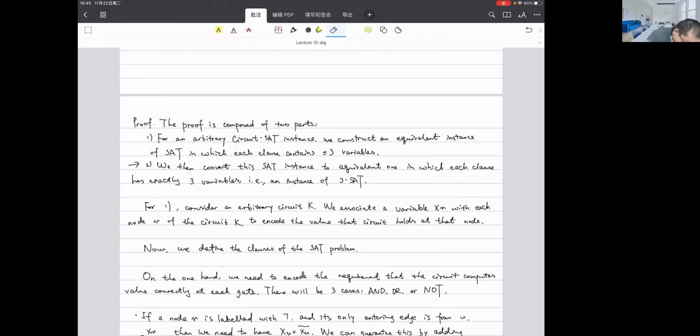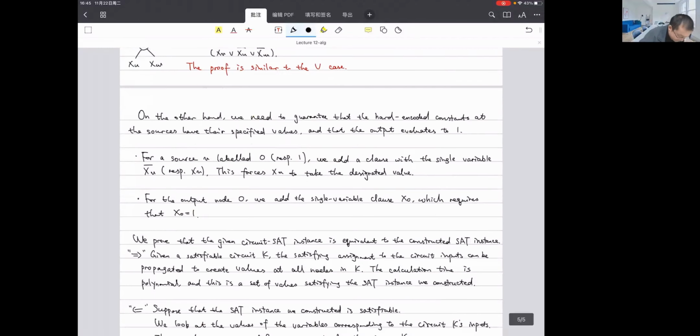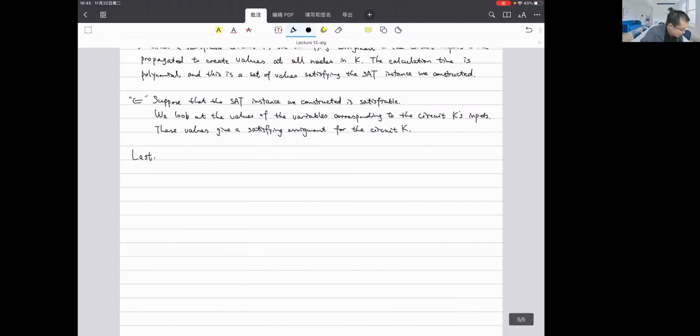So here we need to finish this part, and actually we need to finish the construction. This is a further construction that we are going to make, a reduction. For the clauses with only 1 or 2 literals, we are going to add a little bit more literals and make sure that all of the clauses have exactly 3 literals. So we prove the second part here.